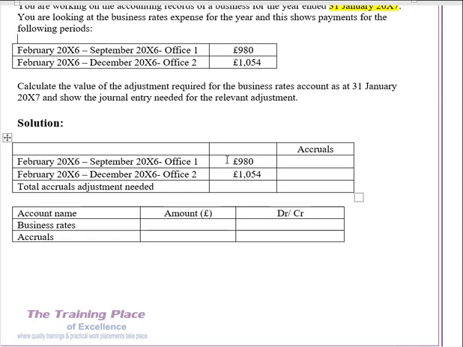So that will be from October to January. And I need to calculate how much that will be for. So January, you have 4 months. £980 has been paid for 8 months. You still have another 4 months yet to be paid, and that will be £490.